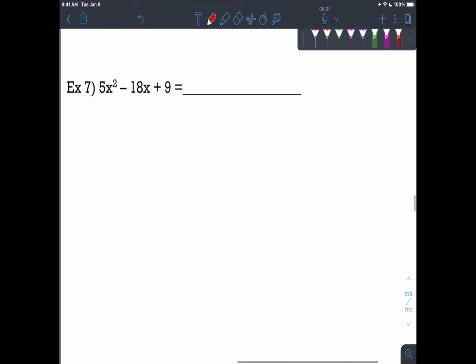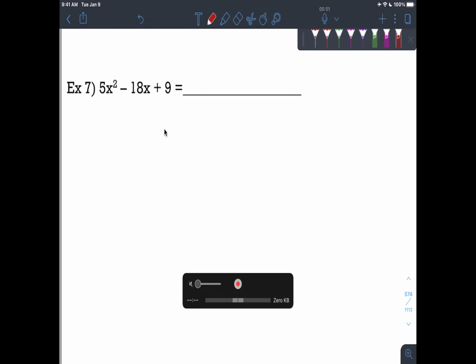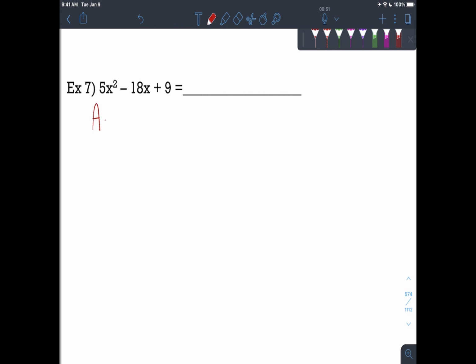Same exact thing if we have an A value that's not 1. So first thing I'm going to do is I'm going to say, all right, do these guys have anything in common? Well, 5, 18, 9. No, I don't see anything in common because 5 is a prime number. So first thing I'll do is I'll multiply A times C. Gives me 45. So I need two numbers that will multiply together to give me 45 and will add together to give me -18.